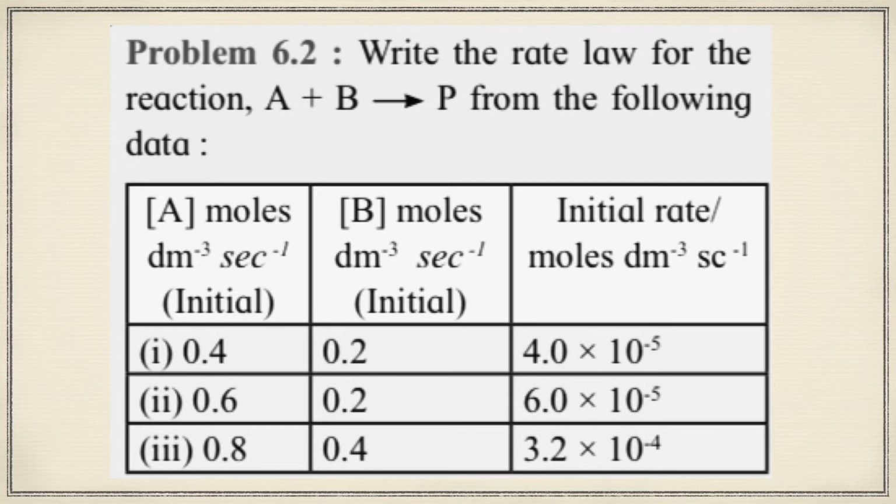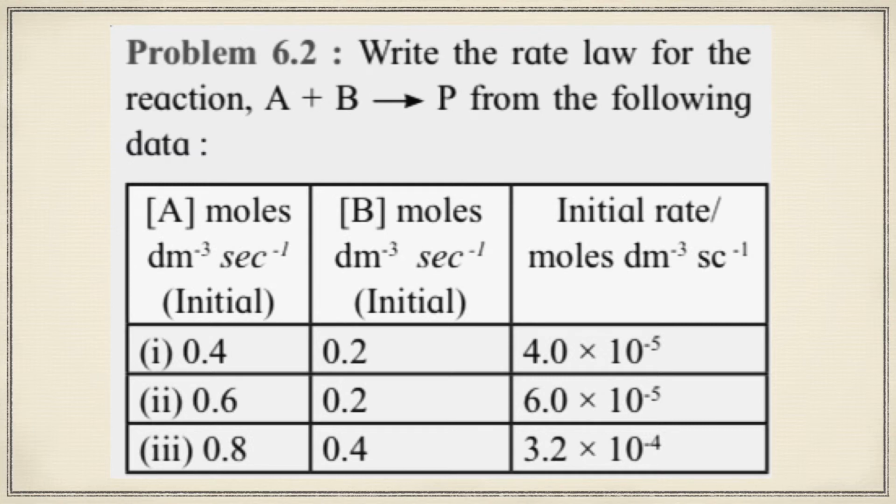Rate is equal to K, the concentration of A raised to X, into the concentration of B raised to Y. If I am able to find out what X and Y are with the help of this table, I can easily get the rate law.